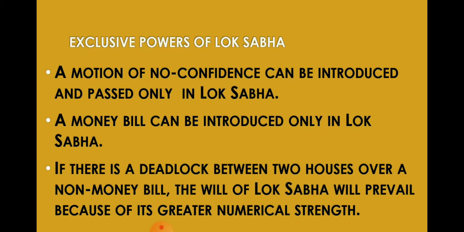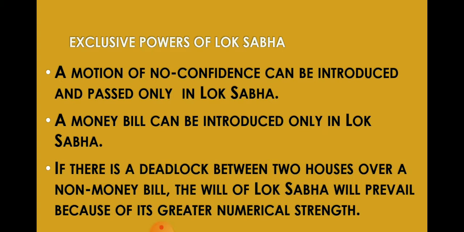The maximum permissible strength of Lok Sabha is 552. At the same time, the strength of Rajya Sabha is 250. Lok Sabha has more than double the numerical strength of Rajya Sabha. So normally, if there is a deadlock between two houses over a non-money bill, the will of the Lok Sabha will prevail because of its greater numerical strength.